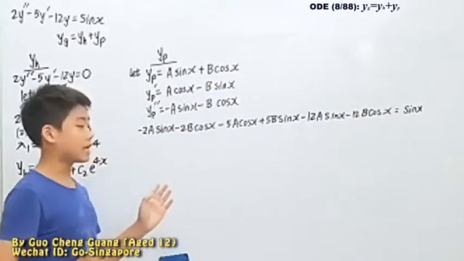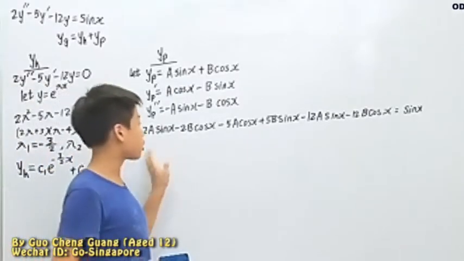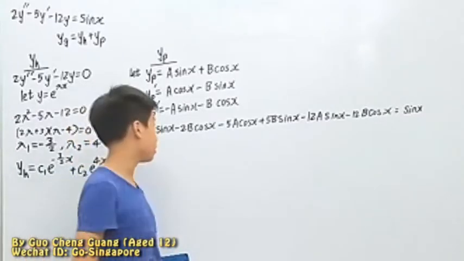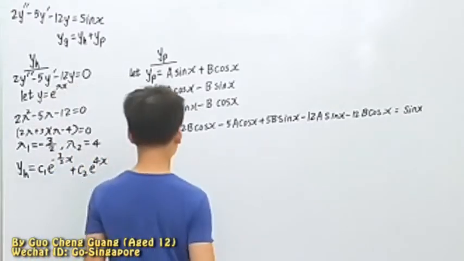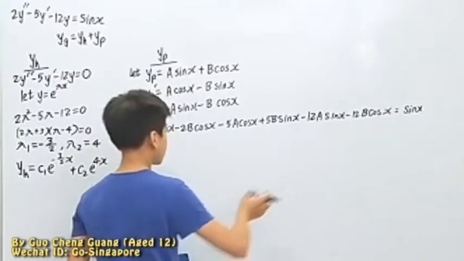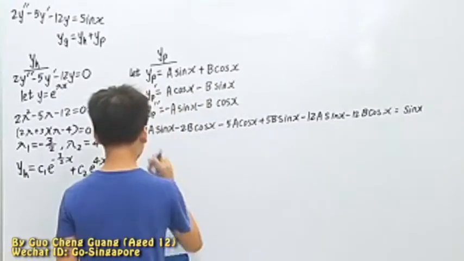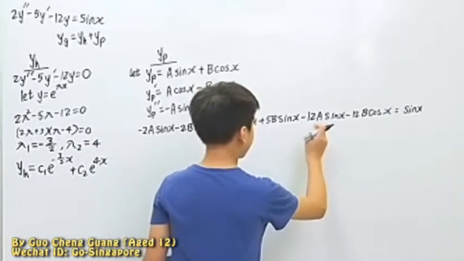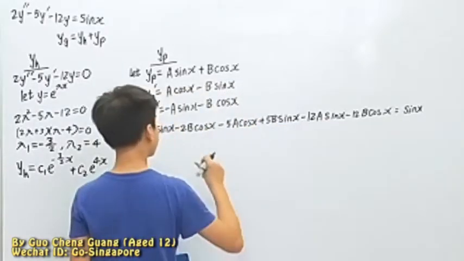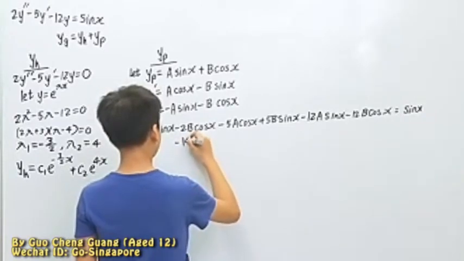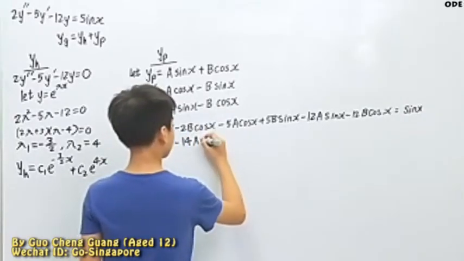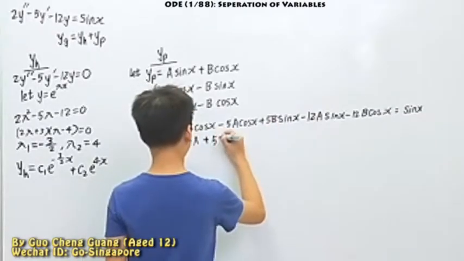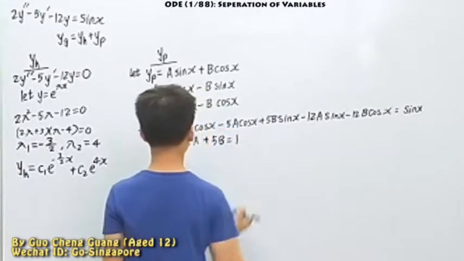So right now we are going to use comparison of coefficients, to determine the coefficients. Let's first take a look at sine x. For sine x, you have negative 2a, you have 5b, and you have negative 12a. So that means negative 14a plus 5b, and this will be 1.